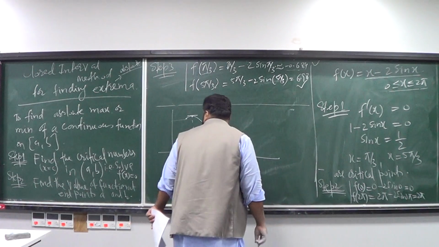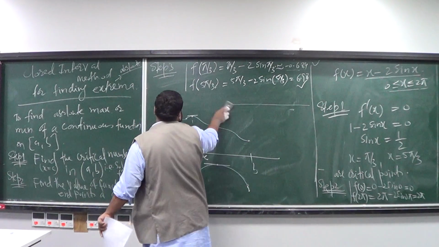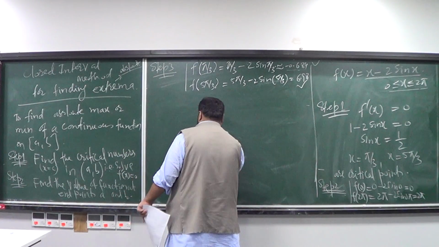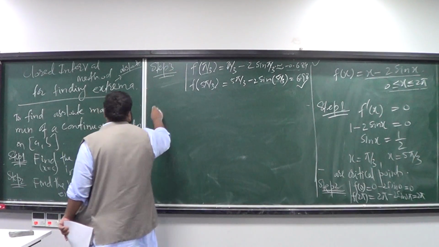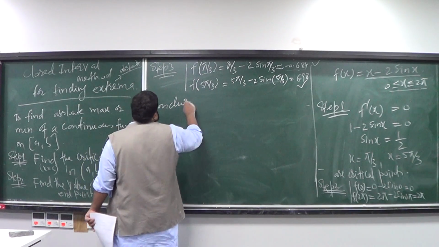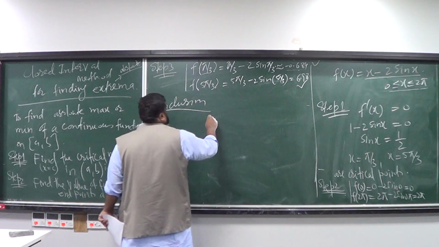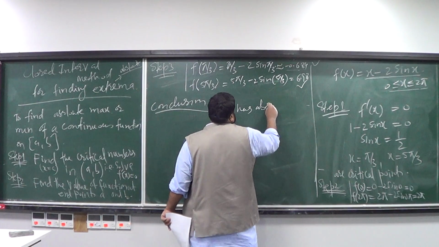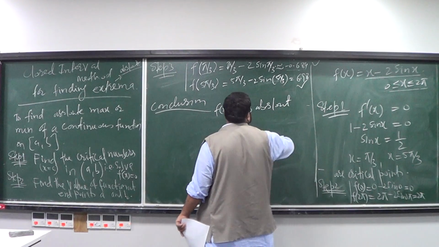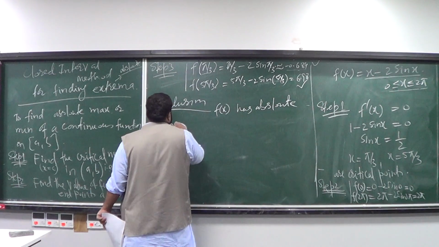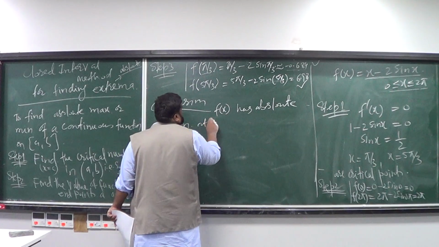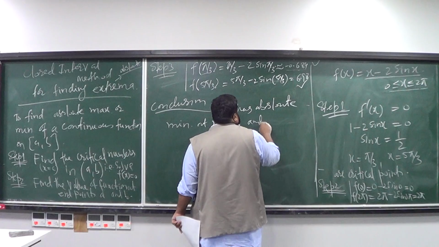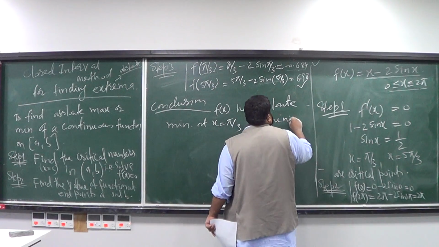So what are we going to say? We're going to say the conclusion is that f of x has absolute minimum at x equal to pi by 3, and the minimum value, what is the minimum value?